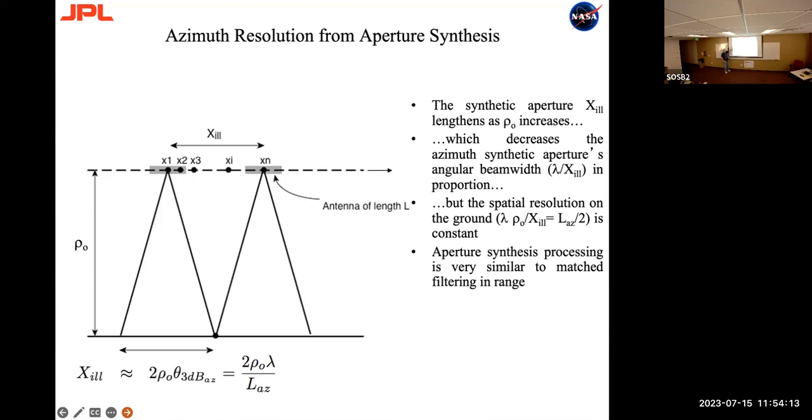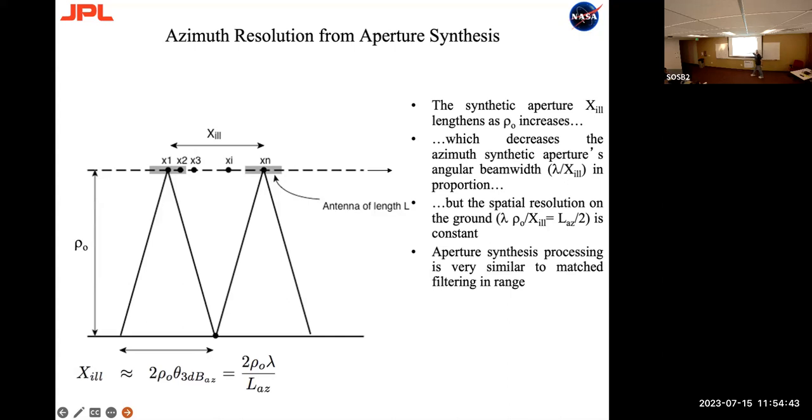So the length of my illumination will be my range times my bandwidth, which gives me this here. And then if you want to work out the spatial resolution, it'll be lambda times the beam width associated to my synthetic aperture length. Therefore, you see that my synthetic aperture length will be the azimuth resolution divided by 2, because the range will cancel out from those two formulas there.